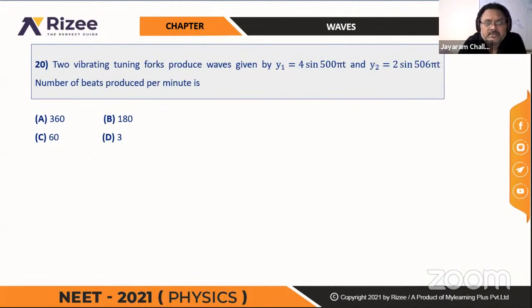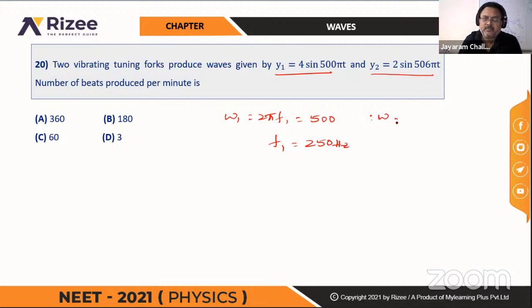Next, two tuning forks, y1 is equal to this much, y2 he has given. Number of beats produced. From the first equation, ω1 = 2πf1 = 500π. From this, frequency is equal to 250 hertz. In the second case, ω2 is equal to 506π.